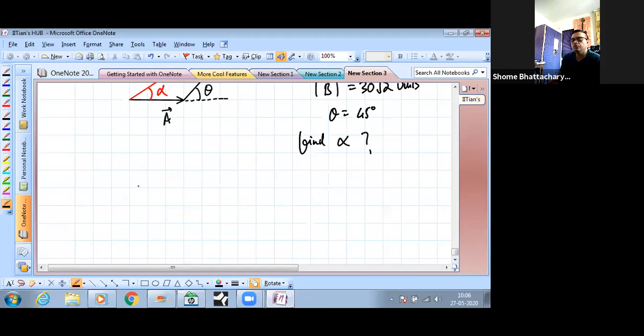So we'll use the formula. Tan alpha is B sin theta upon A plus B cos theta.